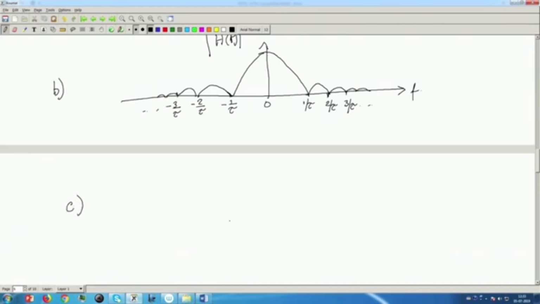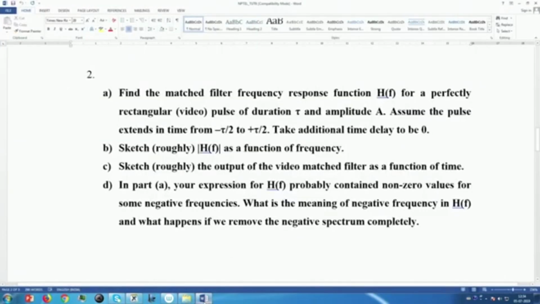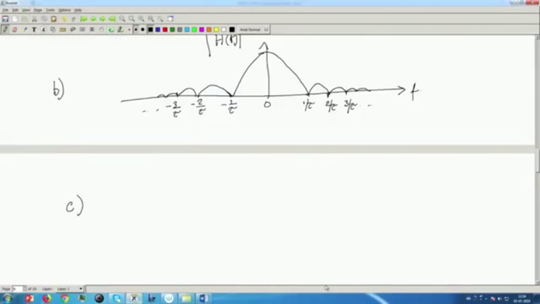So, this is a sketch of the magnitude portion. Then let me again check what was asked: sketch roughly the output of the matched filter as a function of time. That is the next part. This is also simple, but you will have to do it meticulously.